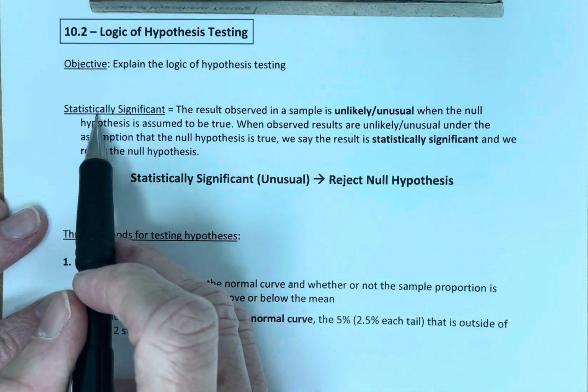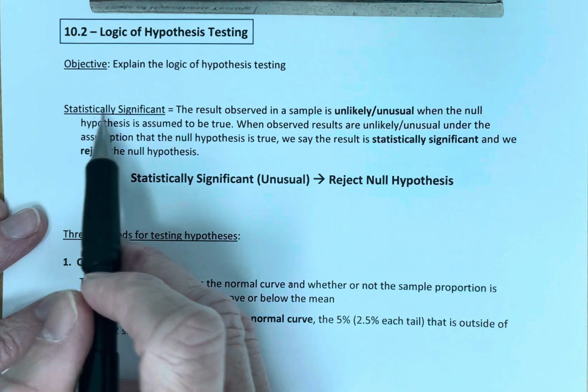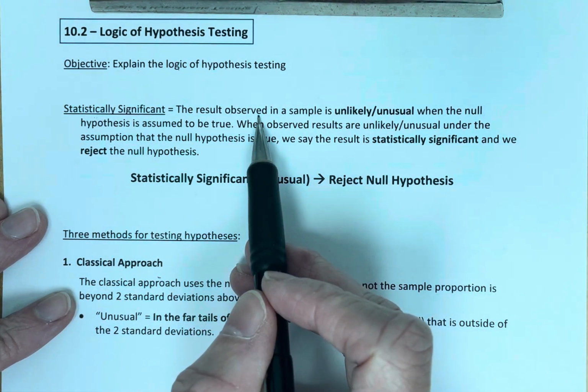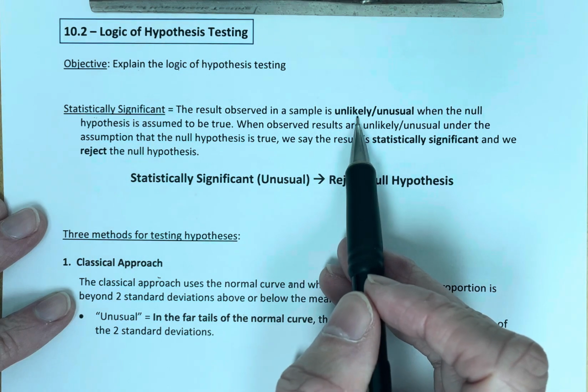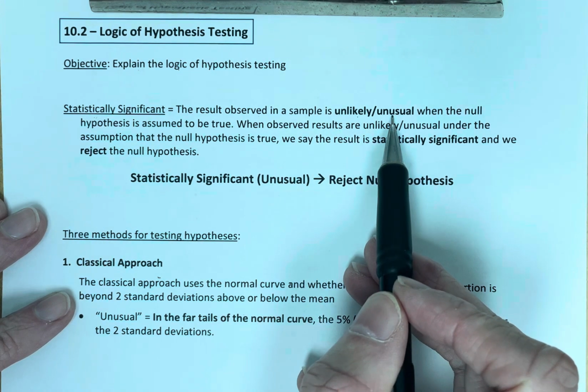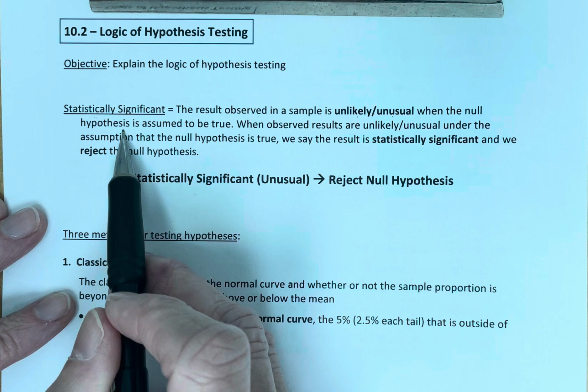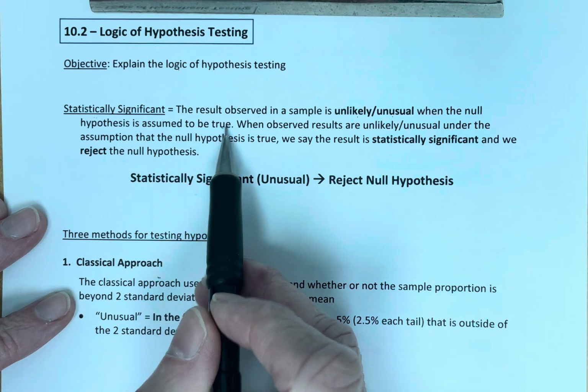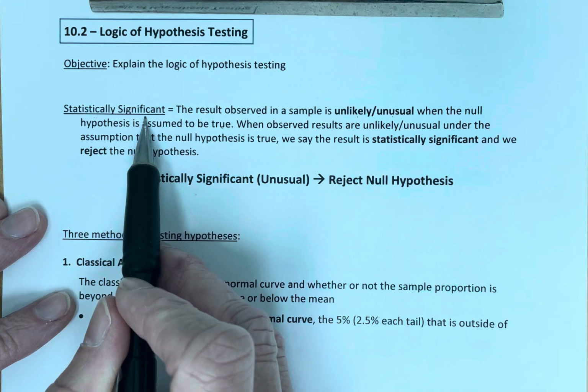Okay, let's first define statistically significant. The result observed in a sample is unlikely or unusual when the null hypothesis is assumed to be true. Okay, that's what statistically significant means.